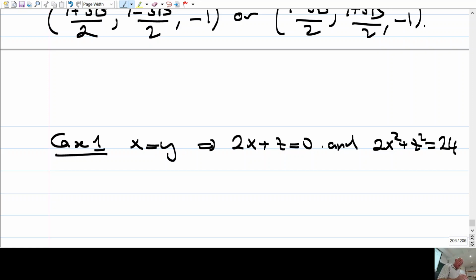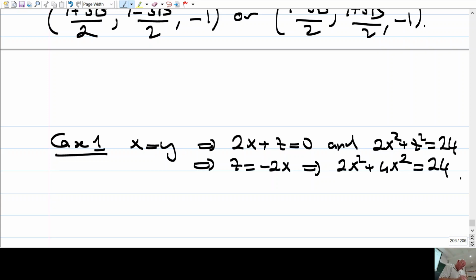And you just take one of them. So here z is minus 2x, and this gives me what? 2x squared plus z squared is 4x squared, and all adds up to 24. From this we get x squared is 4. So x is plus minus 2.